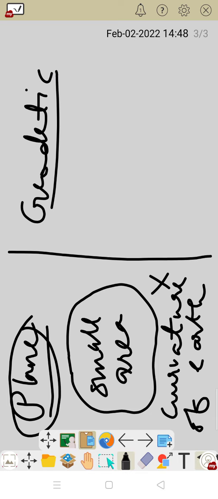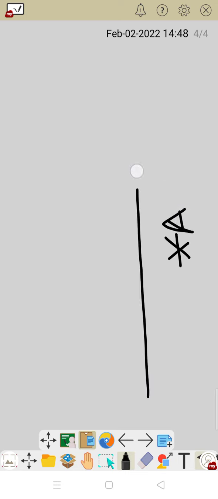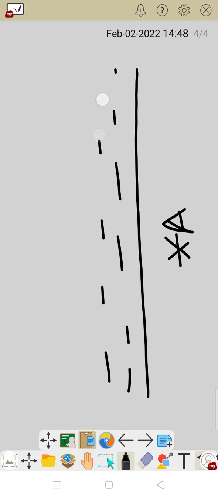Now how will you consider the curvature of earth? For example, I am giving you an example. Suppose you are a person standing at this particular position A. This is the position where you are standing, on a beach side.